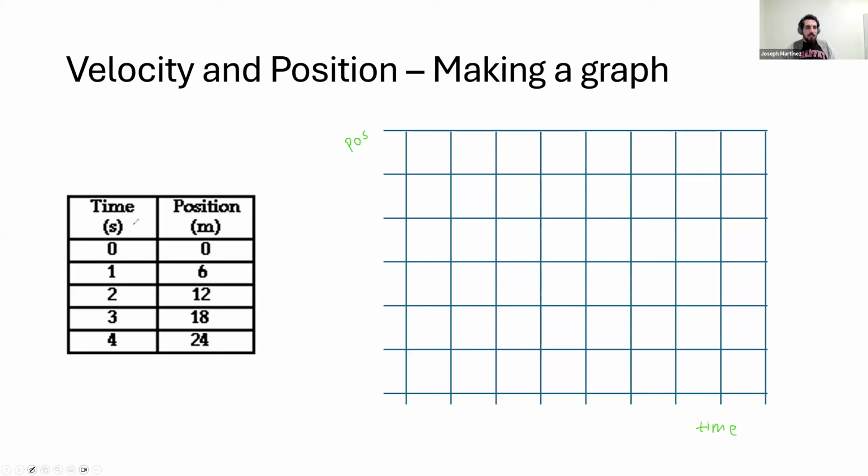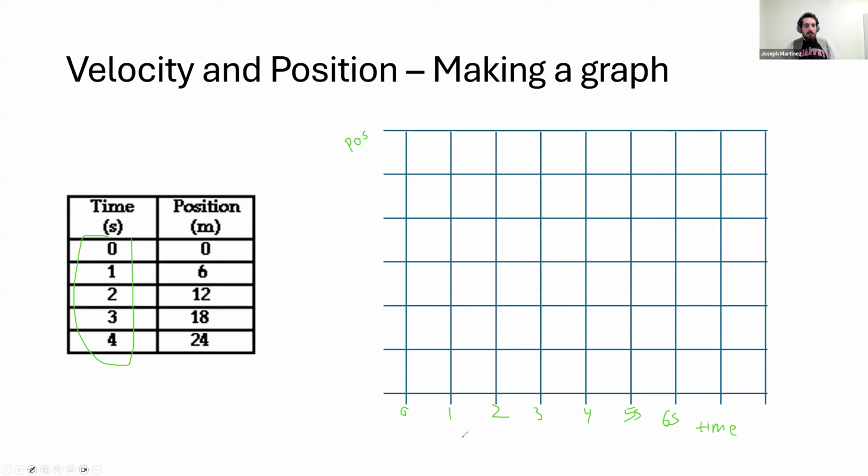All right. When we look at this, our time goes 0 to 4. So I'm going to make markings on here: 0, 1, 2, 3, 4. And then we can even go on, maybe 5, 6. And all of these are time in seconds.